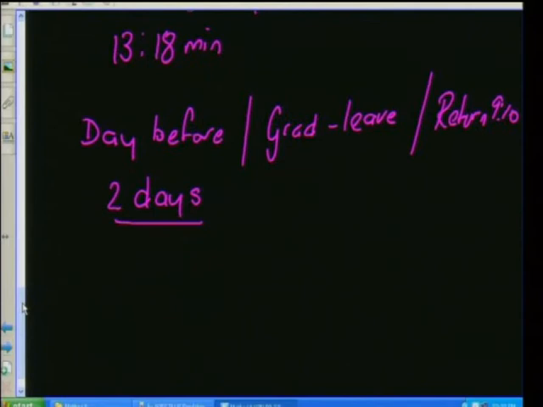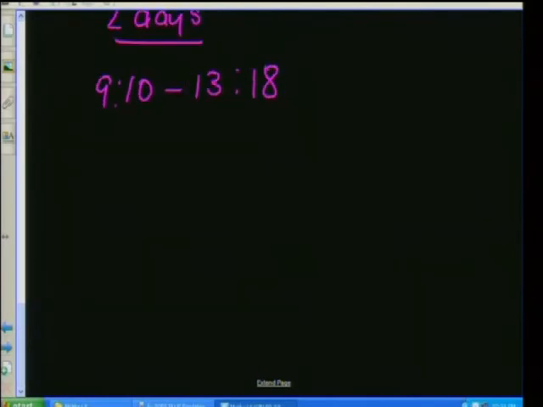So we're going to say, well, it's 9:10 in the morning, but I need to travel. They're going to be traveling for 13 hours and 18 minutes. So let's calculate going backwards. And remember earlier I said to you, let's worry about this 24 hours. So I'm going to do this as 2 calculations.